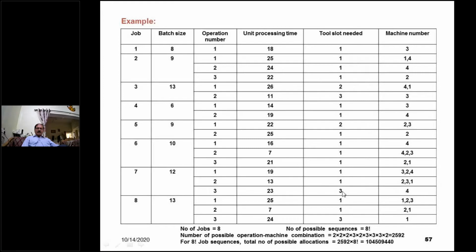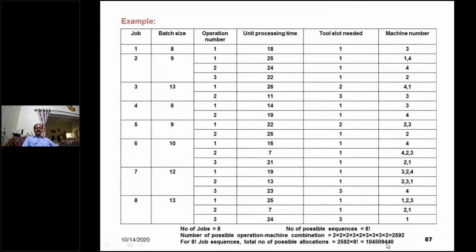Now, if you look at the problem, there are 8 jobs and a number of possible operations. So the total possible allocation will be, look at this figure, 104509440.